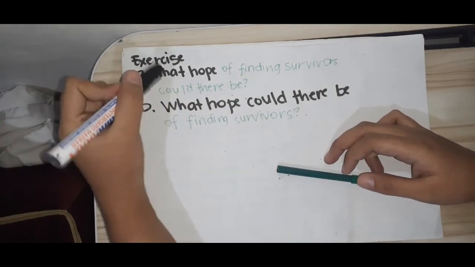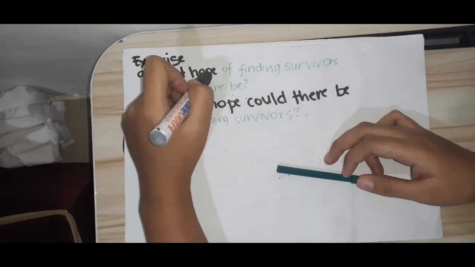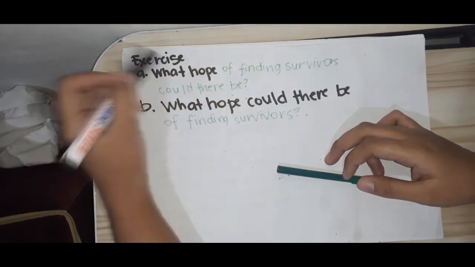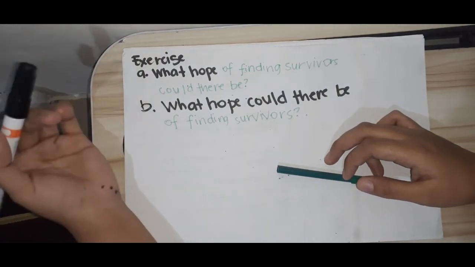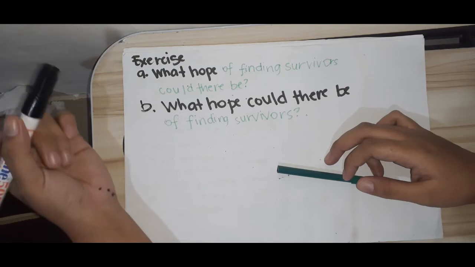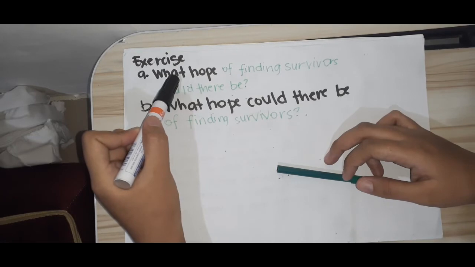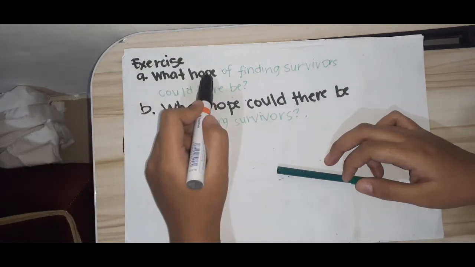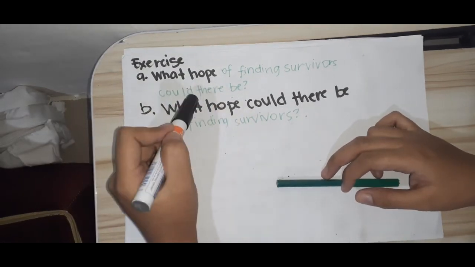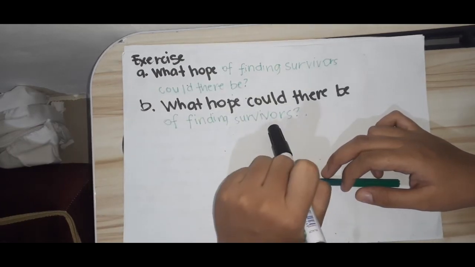The expression "what hope of finding survivors" is a QP, or quantifier phrase, comprising the quantifier what and a noun phrase complement, which in turn comprises the noun hope and its prepositional phrase PP complement, of finding survivors.